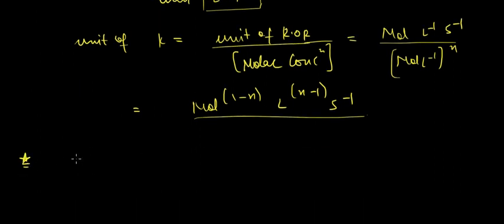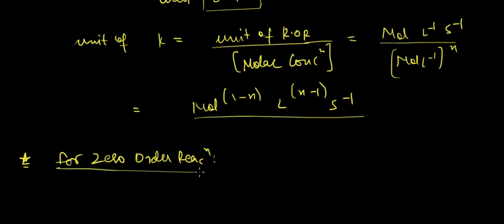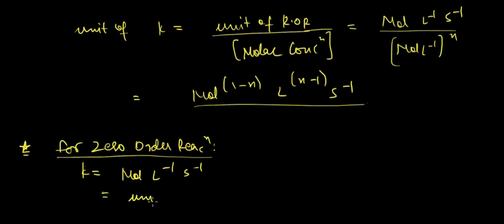Now for zero order reaction, the unit of K is mole liter inverse second inverse. Why? Because n would be equal to 0, which is the same as the unit of rate of reaction.